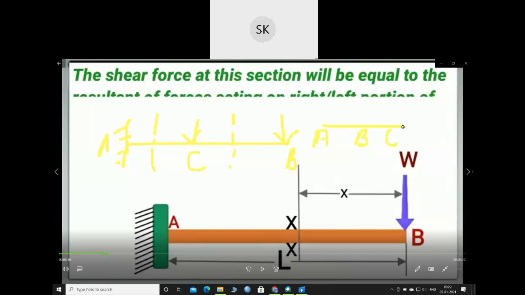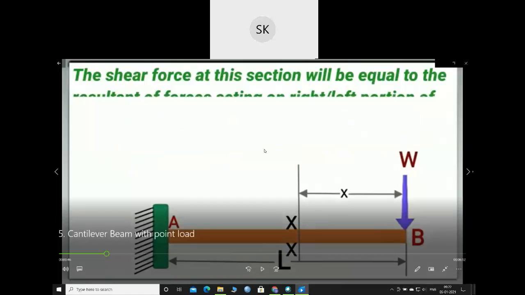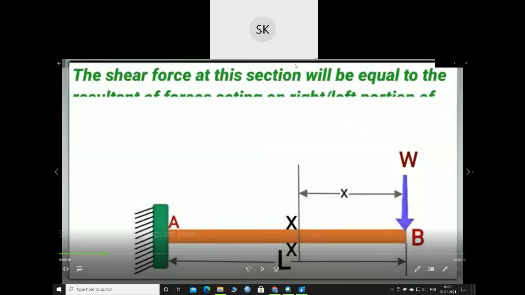Suppose this is a simply supported beam and I have 3 segments, so I have to take 3 sections to find out the shear force and bending moment. In the next problem you will understand this part, but I wanted to discuss it here. So based on the number of segments, you have to take the sections for the shear force and bending moment. Okay, let's start.